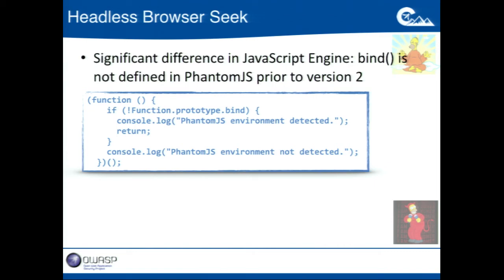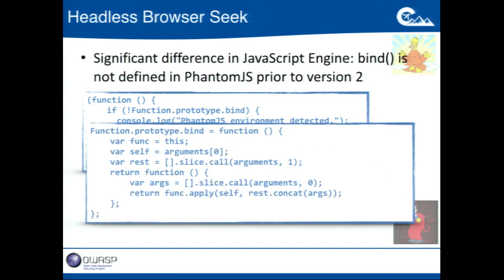Say you have a function that simply returns this, and you call bind on it with, for example, document. Then when you call the function returned by bind, it will actually return document to you. Basically, it takes the function as this and the self as the first argument, and then inside the returned function, you call func.apply with the self and some other details.